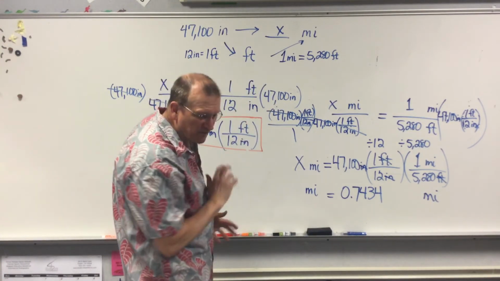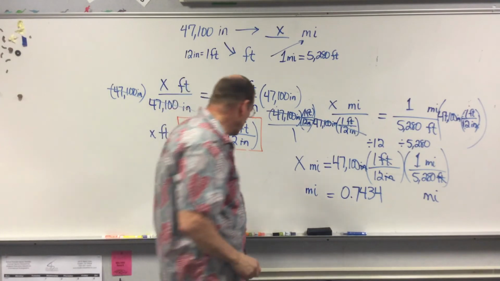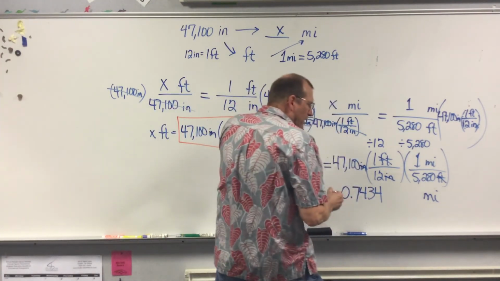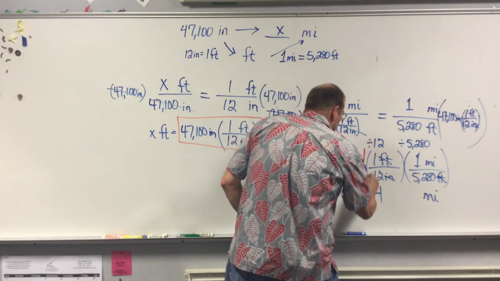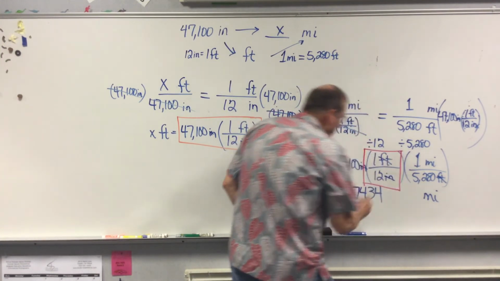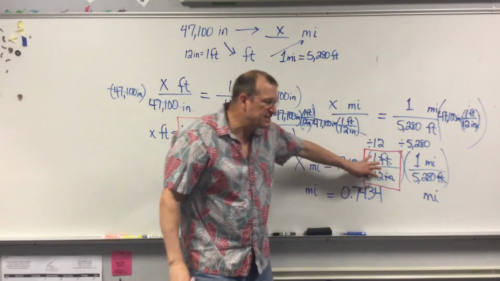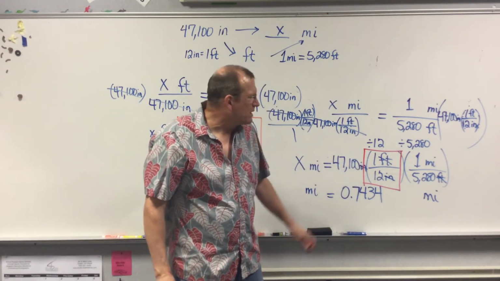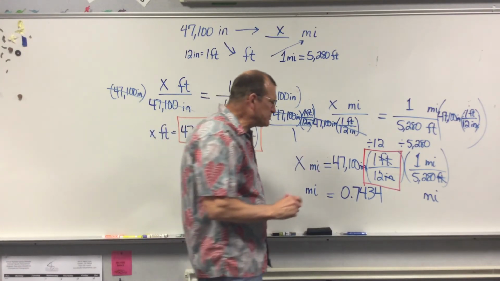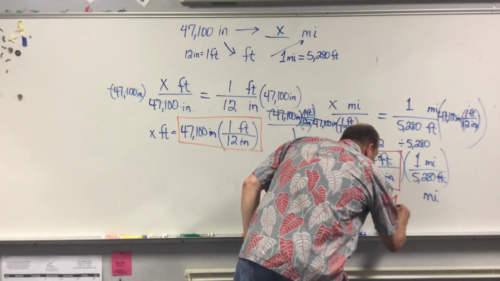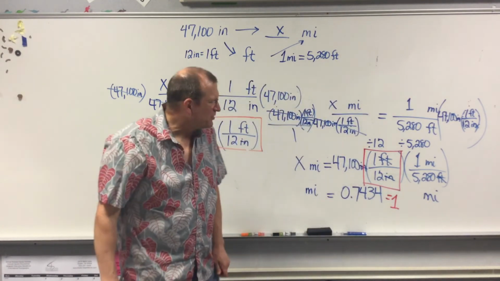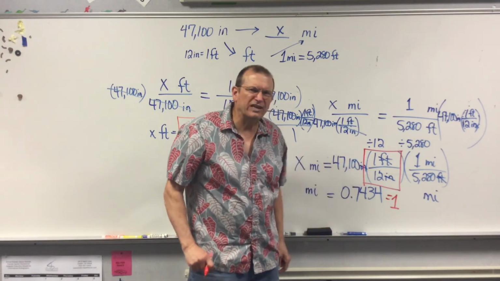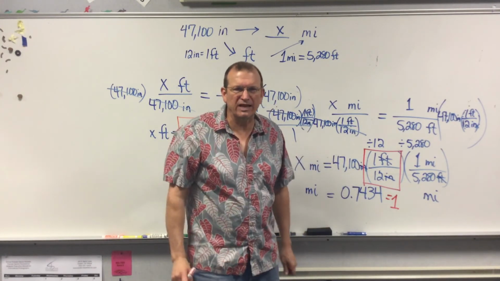Now, I also want to finish with one conceptual thing here, and this is the beautiful part about the math that this is based on. Technically, when we look at this, this is a value of 1 over 12. But from a conceptual perspective, that is equal to the value of 1, because 1 foot and 12 inches are exactly the same length.